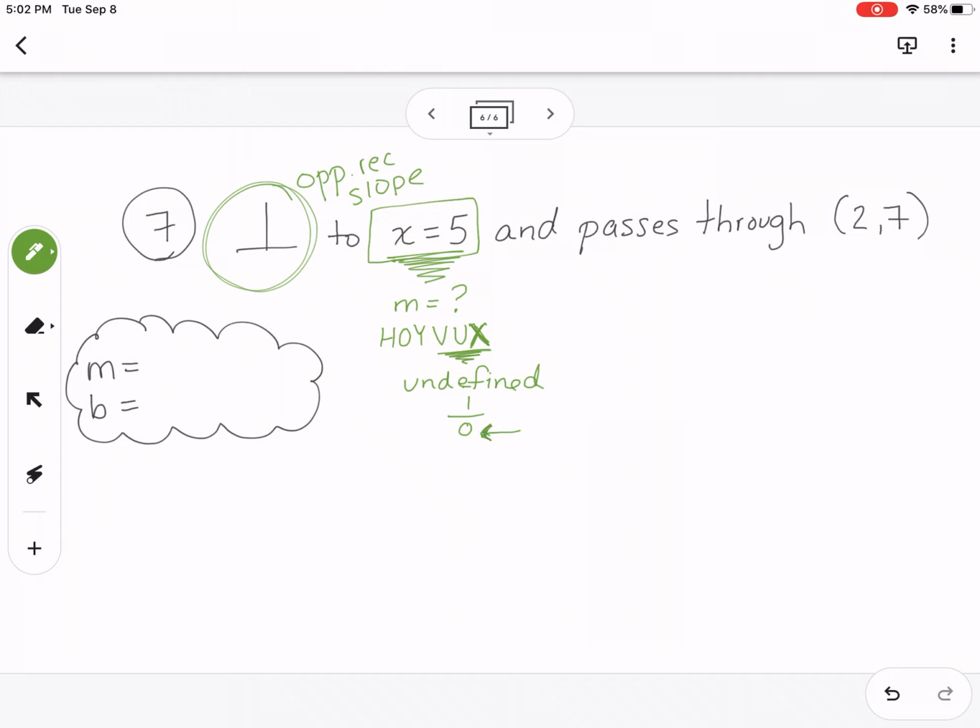So if I do the opposite reciprocal of this fraction, the 0 would become the numerator. 0 divided by anything is 0. So you can just memorize that 0 and undefined are opposite reciprocals of each other. So 0 and undefined are opposite reciprocals of each other, right? And just kind of memorize that moving forward.